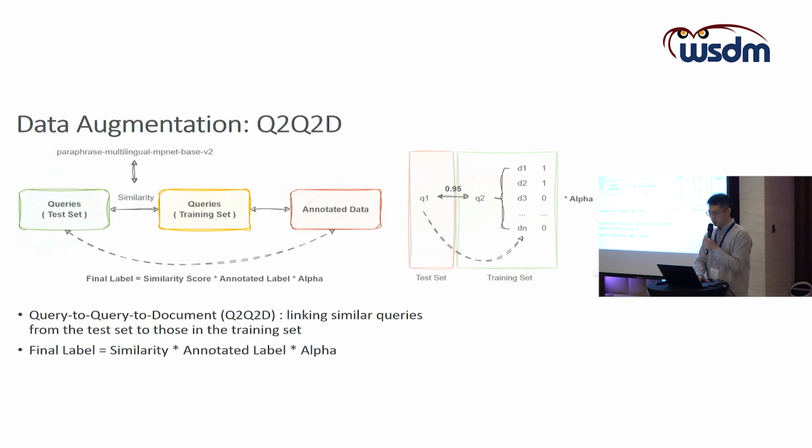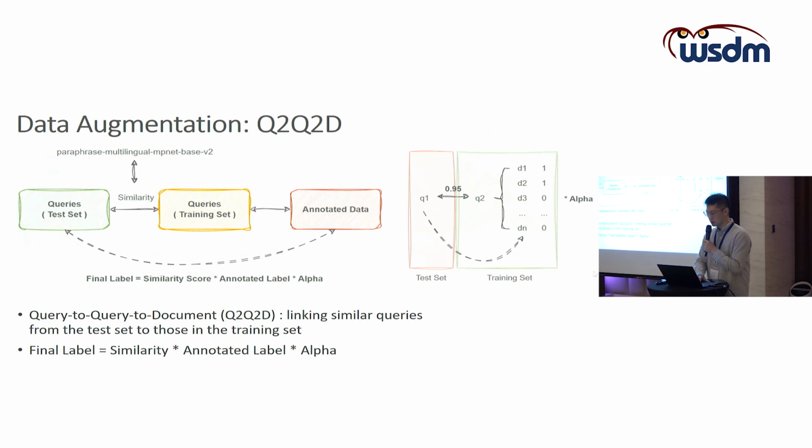Given that the pre-fine-tuning greatly improves our ranking models, we believe that it is more important to explore the data aspect. The query-to-query-to-document approach involves linking similar queries from the test site to those in the training site, using the selected training site queries and their associated annotation data for data augmentation.